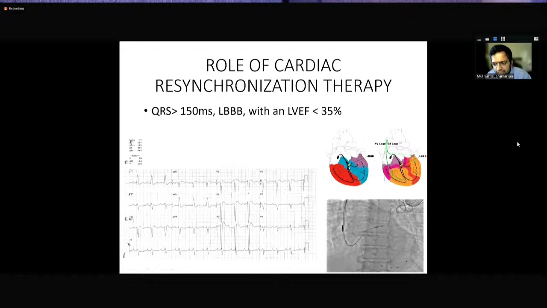So this electrical problem with the left bundle branch block, if it is corrected with a RV lead and a coronary sinus lead, you are able to resynchronize the left ventricle septal and lateral wall, and you can sort of bring this patient back to at least a near normal ejection fraction. So the problem is many patients, even after you implant the CRT device, continue to be symptomatic and continue to be in heart failure.